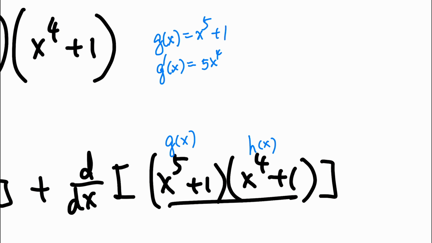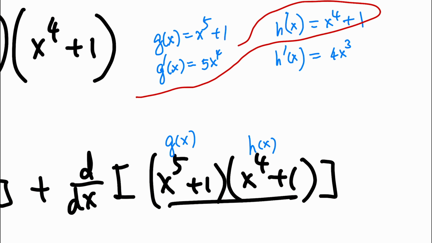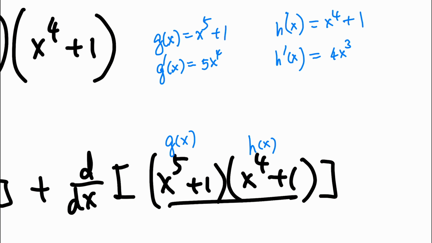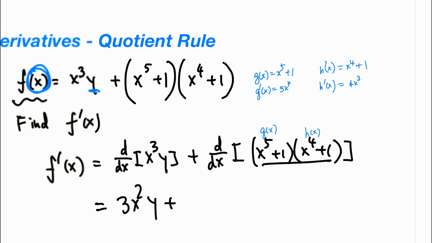And h of x is equal to x fourth plus 1, and similarly h prime of x is equal to 4x cubed.